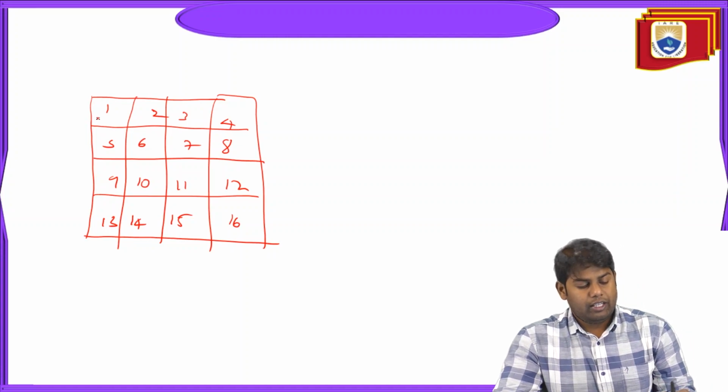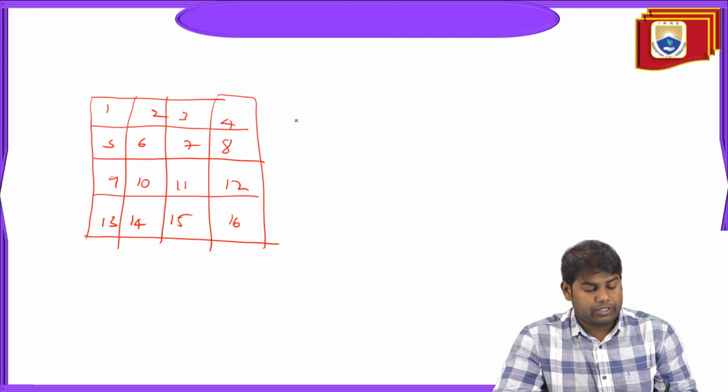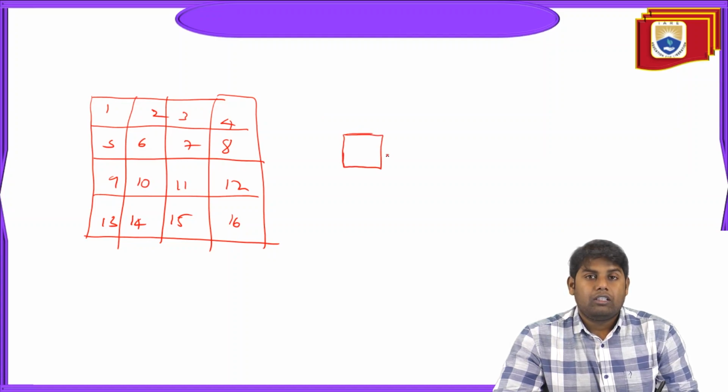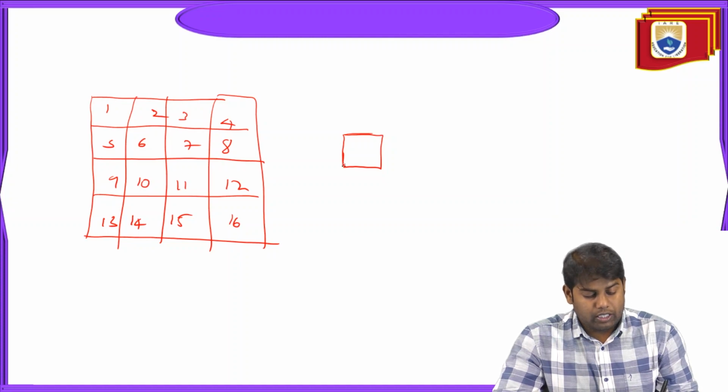The smallest part of this basic entity is the cell. Here you can see this is a cell. In the finite difference method, the corners or the edges are called grid points.